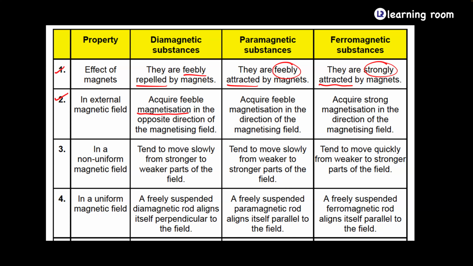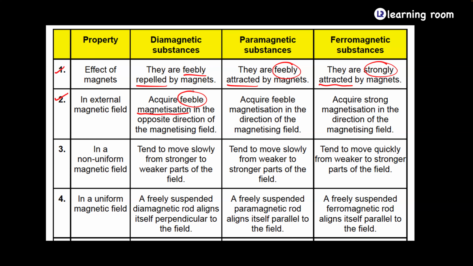If the external field is like this, then the magnetic field inside the diamagnetic substance will be in the opposite direction because it does not want to take the magnetic field. It always wants to repel, so it should produce a negative effect. That is why it acquires feeble magnetization in the opposite direction of the external magnetizing field.